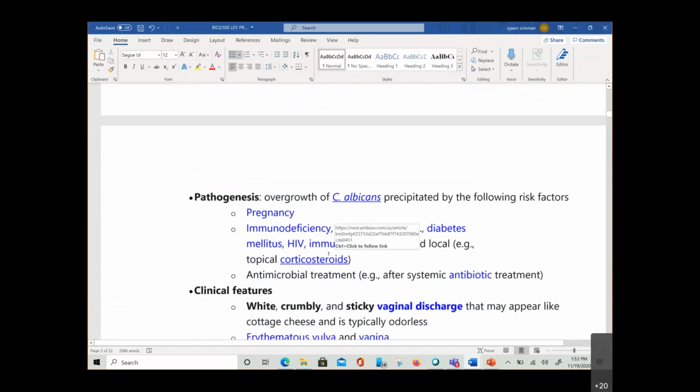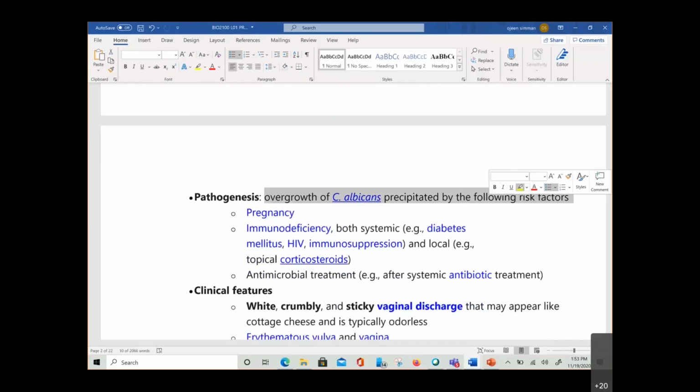So how does it happen? Candida albicans grows because of risk factors. There are risk factors that allow the overgrowth of Candida albicans. What are these risk factors? Pregnancy, immunodeficiency. Immunodeficiency can be secondary to diabetes or HIV, or it could be due to medications.